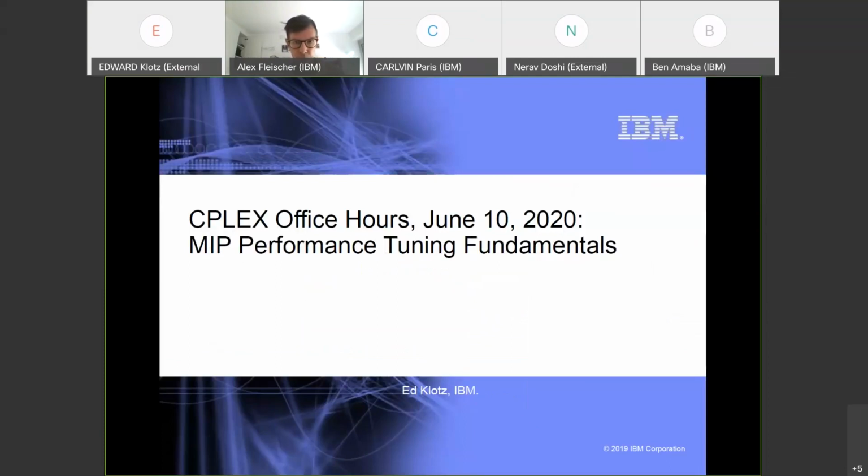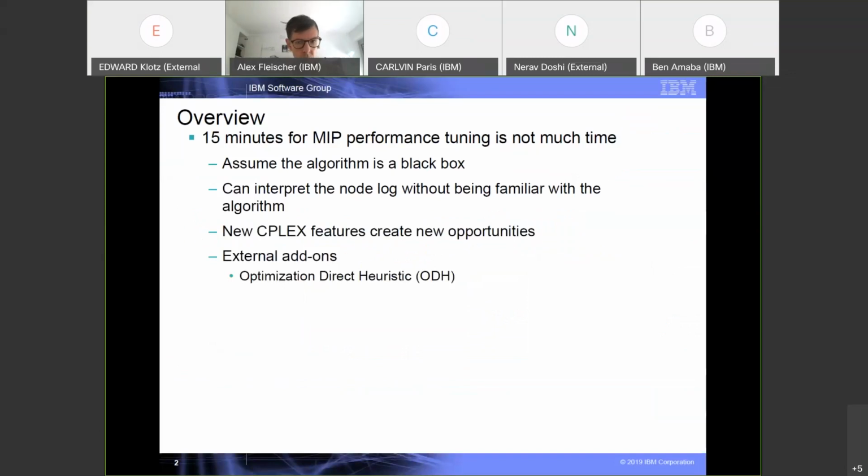so welcome to the first Seaplex office hours. I'm going to talk about tuning fundamentals. Now, 15 minutes is not a lot of time for such a complicated algorithm, but we can still do a lot. We can do a very minimal description of the algorithm, but link the algorithm to the node log Seaplex generates.